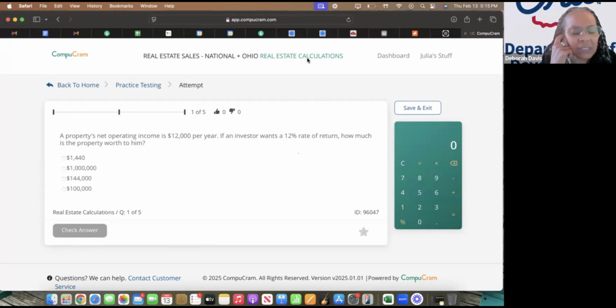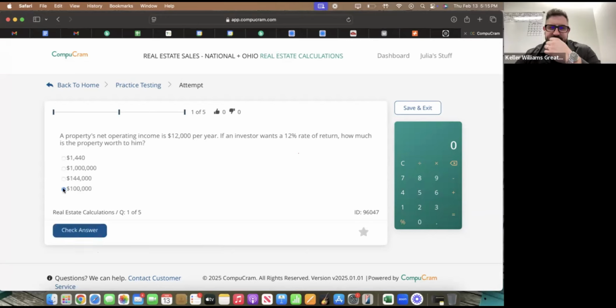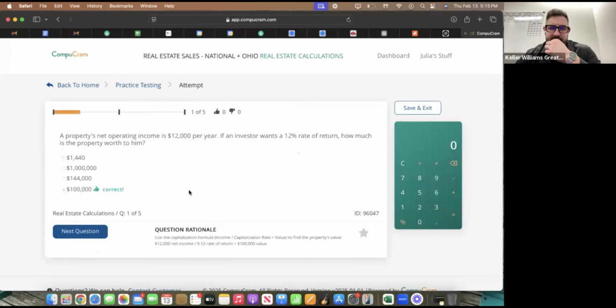So that's 1,440. Okay. So the investor wants a 12% rate of return. How much is the property worth? But Tony says D. Let's try that. And that is correct.